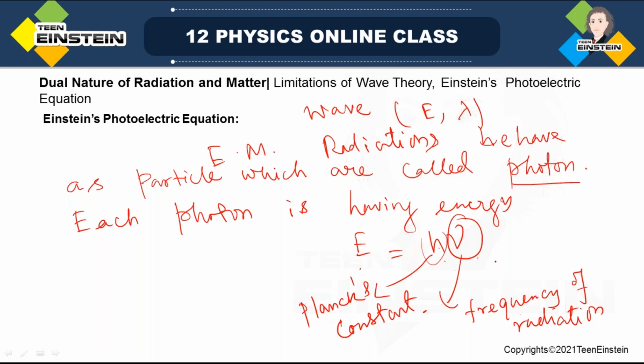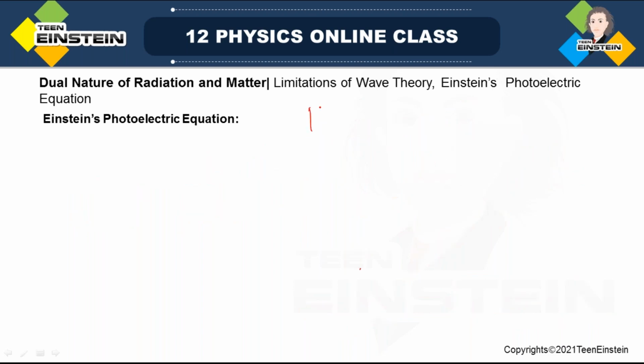Since h is constant, energy directly depends on frequency. So according to Einstein's idea of the photoelectric effect, energy depends on h nu. Nu is the frequency. It implies that E is directly proportional to nu.